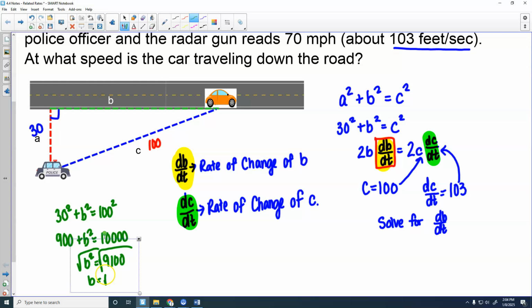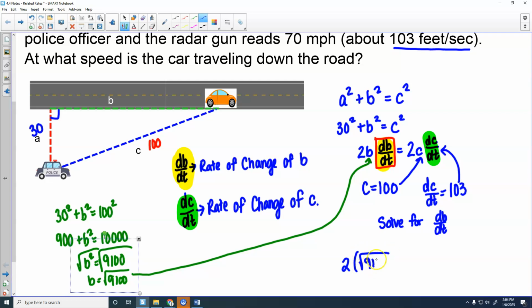B is the square root of 9,100. So we can take that and plug it in right here. Then we have a pretty simple equation to solve, because we're going to have 2 times the square root of 9,100 dB/dt equals 2 times 100 times 103.